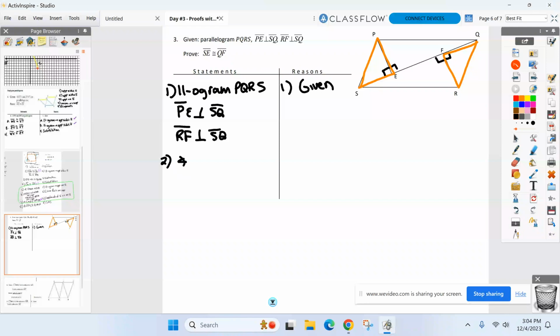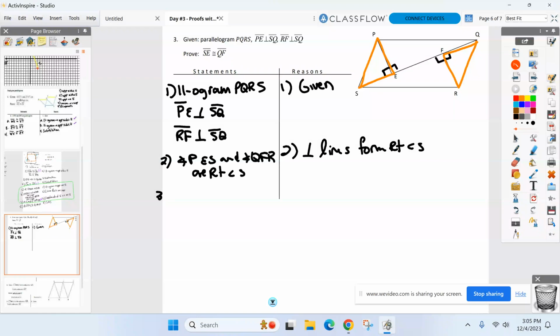First step is saying the right angles, so angle PES and angle QFR are right angles. Perpendicular lines form right angles, or if you guys write definition of perpendicular, whatever floats your boat. Now say they're congruent right after. And there's an A for us. There's an angle.